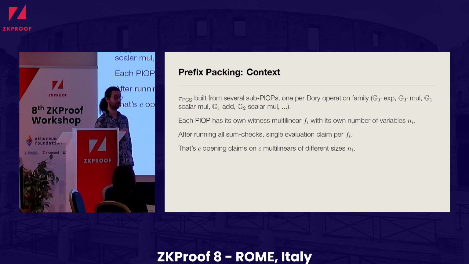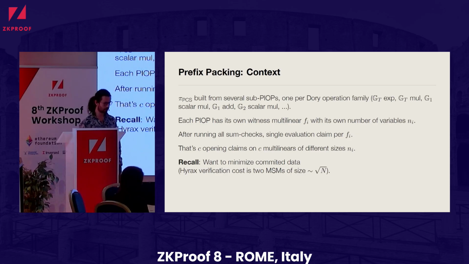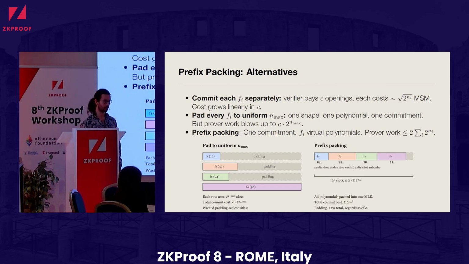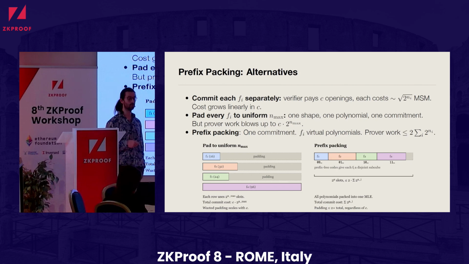And we have C evaluation claims on these polynomials, each of which is of different size. Because we want to minimize data, and because we know how the verifier for Hyrax works, we want to find an optimal way to address this problem.